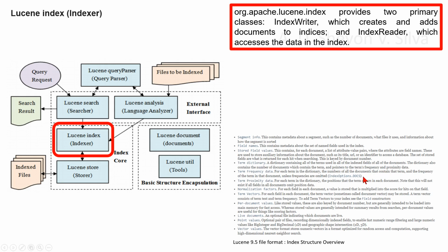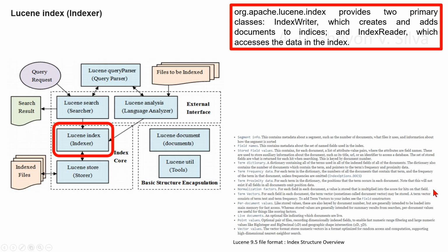Term frequency data: for each term in the dictionary, the numbers of all documents that contain that term, and the frequency of the term in the document, unless frequencies are omitted, index_docs. Term proximity data: for each term in the dictionary, the positions at which the term occurs in each document. Note that this will not exist if all fields in all documents omit position data.